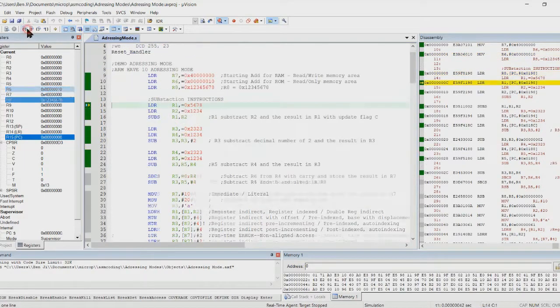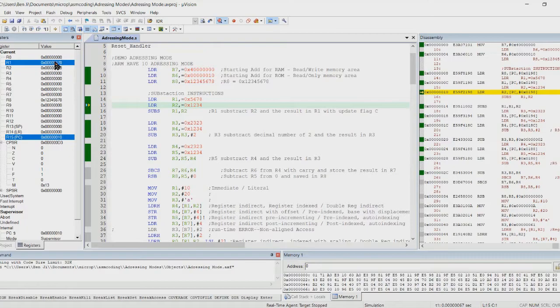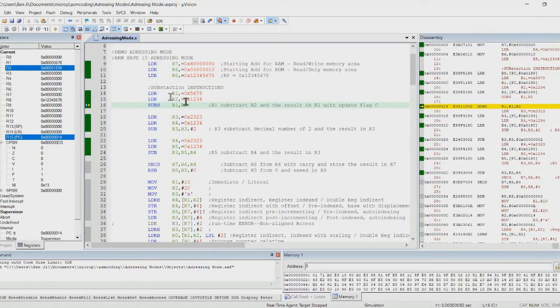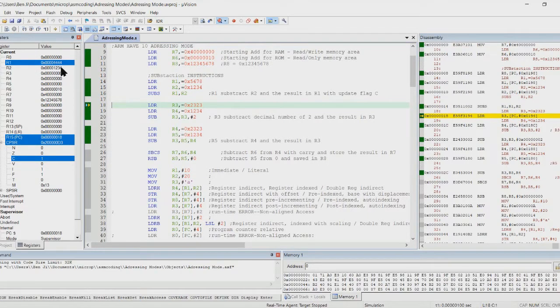We load R1 here with 5678, and then we load R2 with 1234, and we SUB R1 with R2, and the result will be stored at R1. Yes, the result we get is 4444.